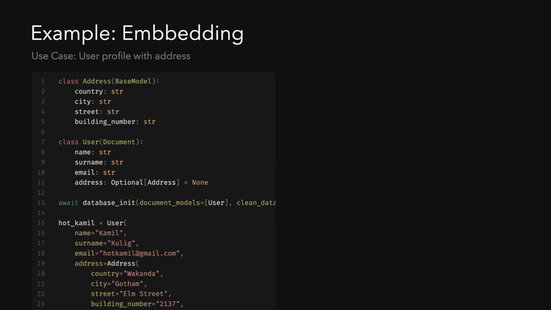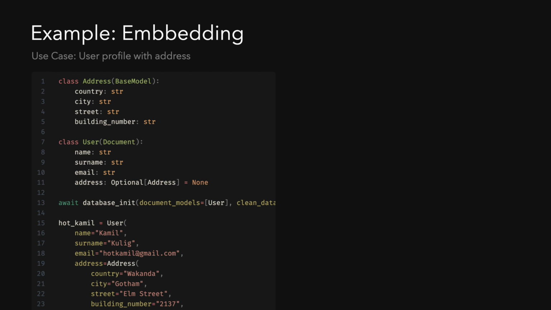Now an example for embedding. The use case is a user profile with address. We have two classes. First is Address, a base model from Pydantic, and we can see the user document from Beanie, and the address will be in the user. Why?